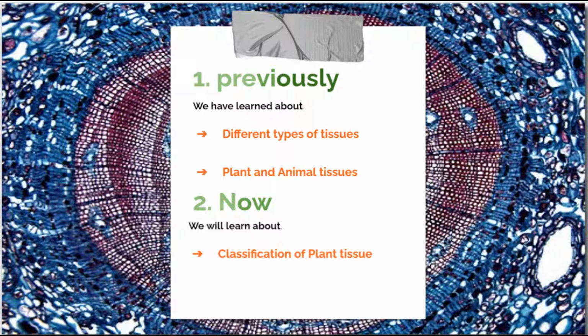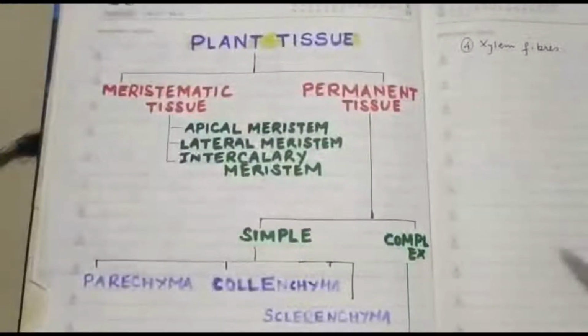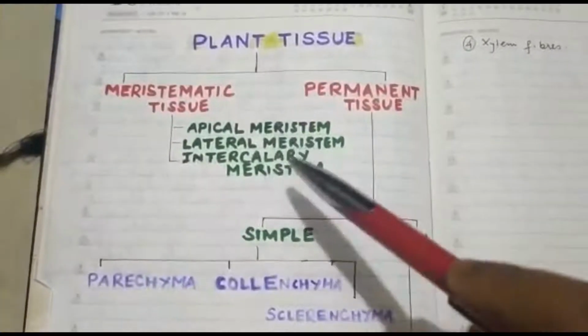So let me show you a handmade chart which describes the types of plant tissues. The plant tissue is broadly classified into two types. Just see and let us go through the chart itself. So this is the chart.